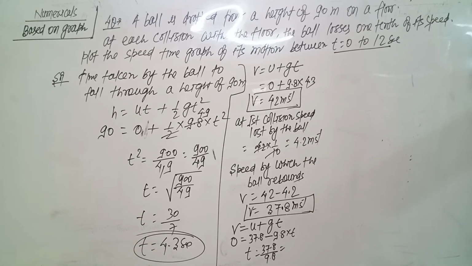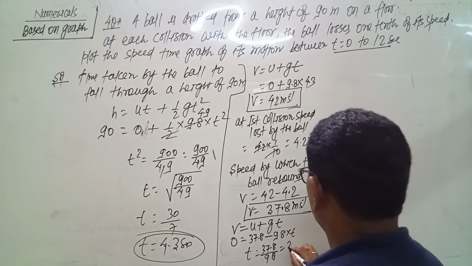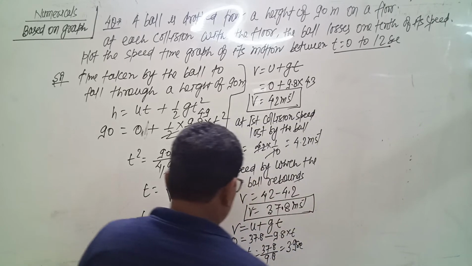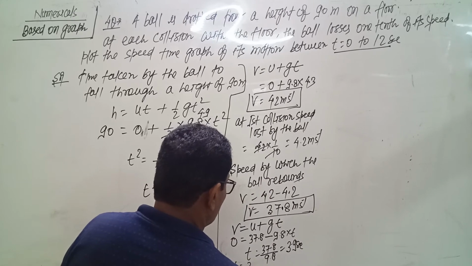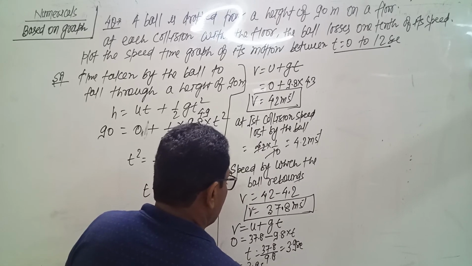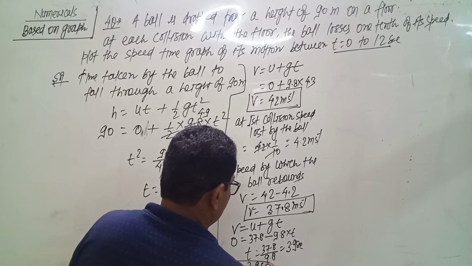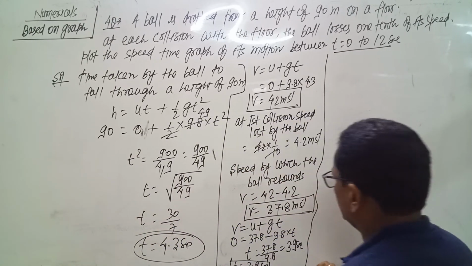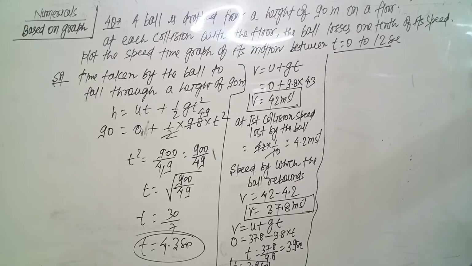T equals 37.8 divided by 9.8, which is 3.9 seconds. So this much time the ball will take to reach the highest point. In 3.9 seconds, the ball reaches the highest point.